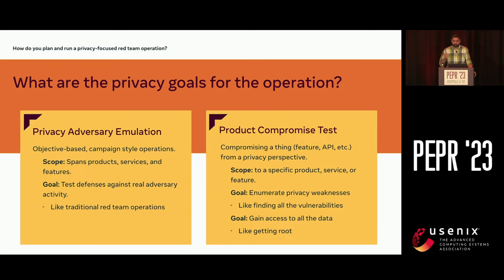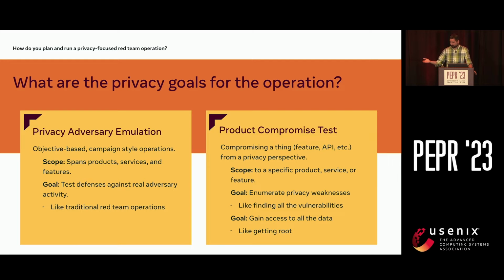So these can be sprawling campaign style operations. On the flip side, and this actually ends up being a little bit more popular of an offering for us, is what we call a product compromise test. Think of this as the pen test equivalent in the privacy space. So we'll scope down to a specific feature or API, some more limited scope, and we'll just try to enumerate all of the different privacy attacks we can against that particular surface, not really caring about which privacy adversary we're emulating.